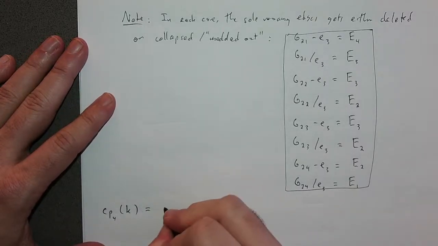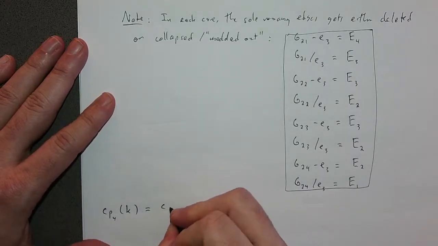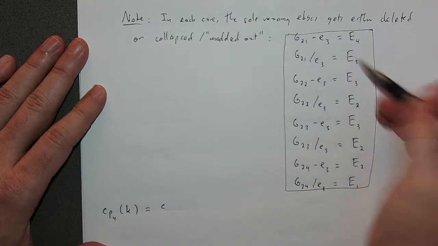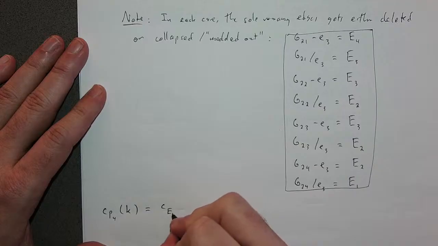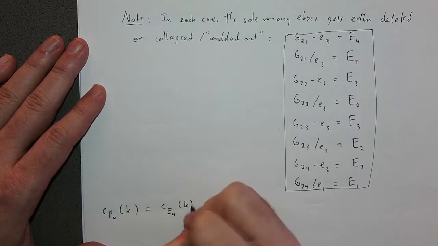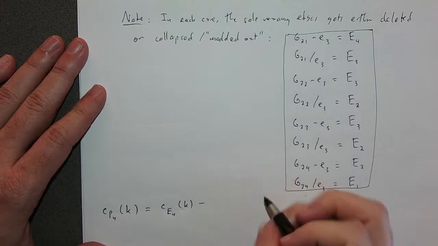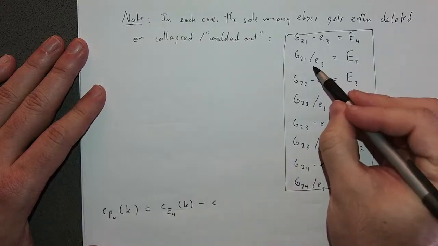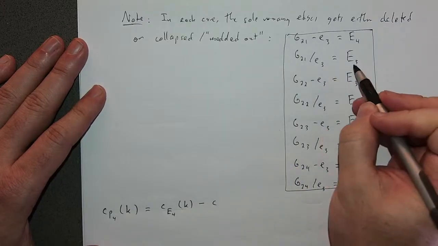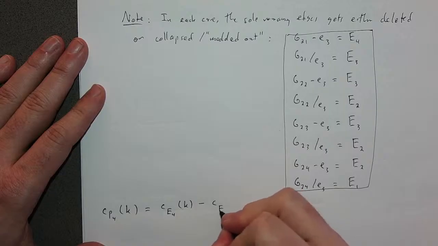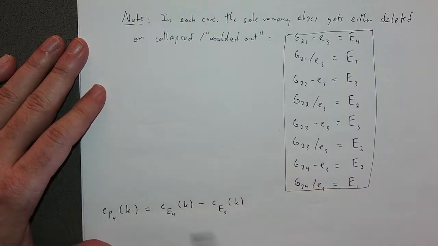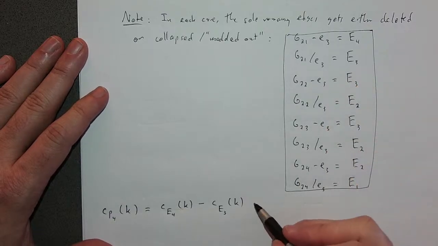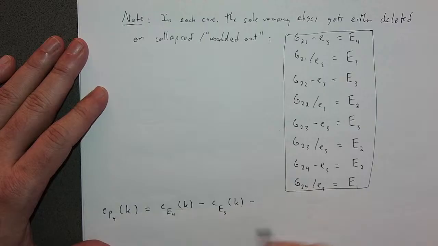This is the number of colorings on G21 minus E3, which is the number of colorings on the empty graph on four vertices using K colors, minus the number of colorings on G21 mod E3, which is the empty graph on three vertices. Again, it's using K colors on all of these.